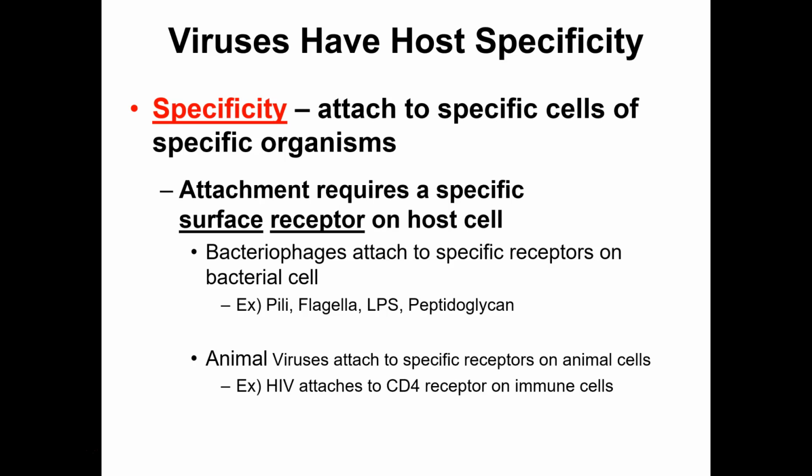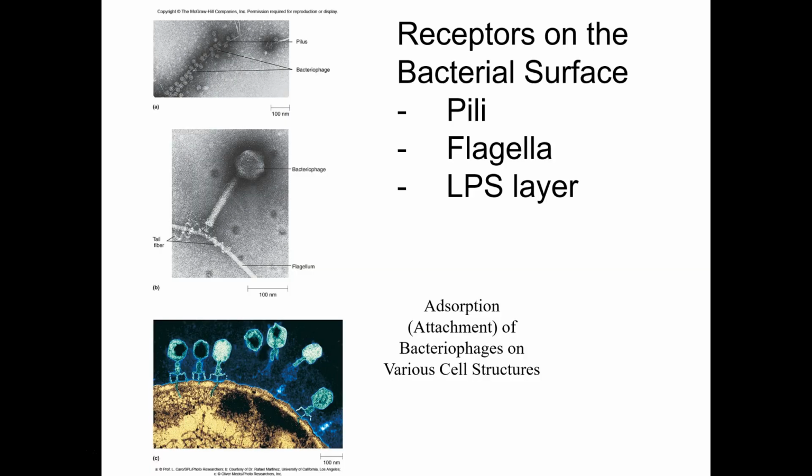Okay, so for example, looking at bacteriophages. Okay, what would they look for on a bacterial cell? Well, three great examples. At the top, you have a TEM image of viruses using their spikes to attach to a pili, a sex pili. And you can see it's just totally covered.